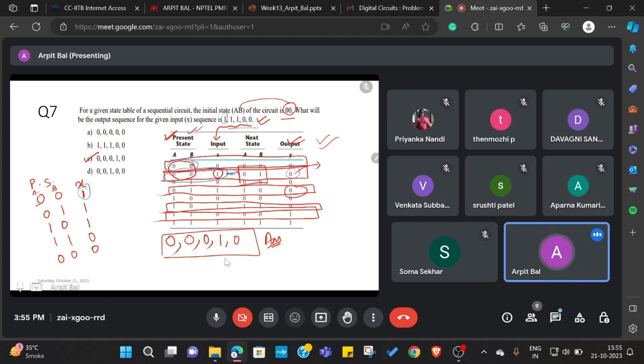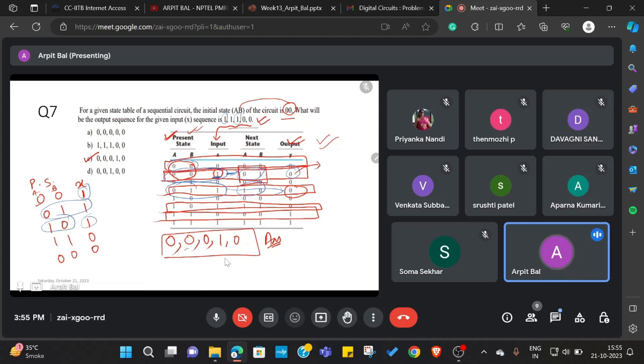Similarly, the state changes to 0 1 if the input is assigned as 1. So 0 1 1 means this is the next state, and in this state also the output is 0. Okay. Similarly, you see what is the next state, that is 1 0, and for 1 0 what is the corresponding input, that is 1. Okay.